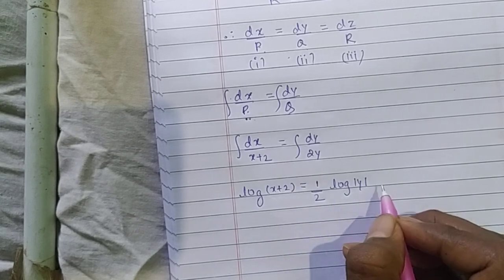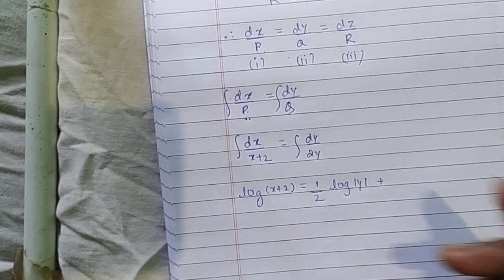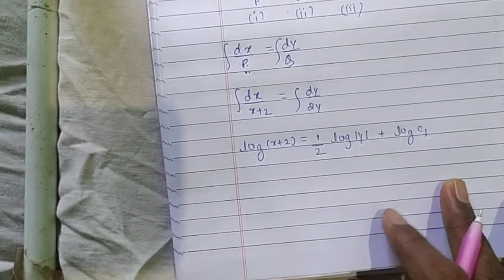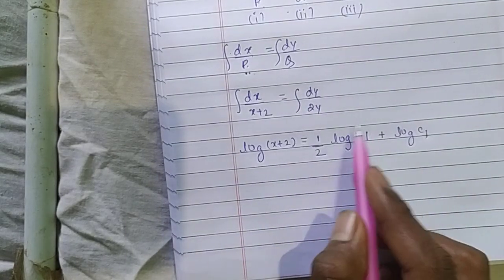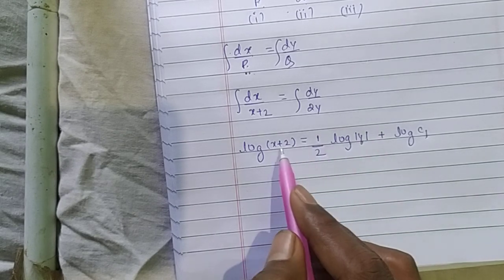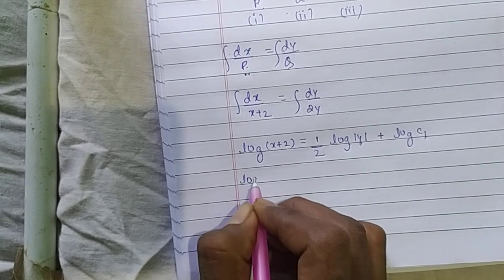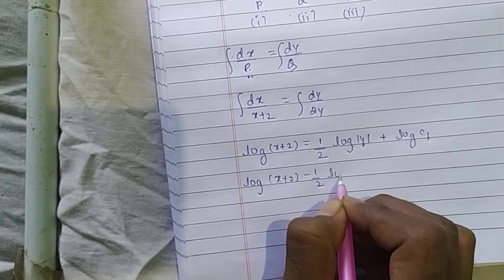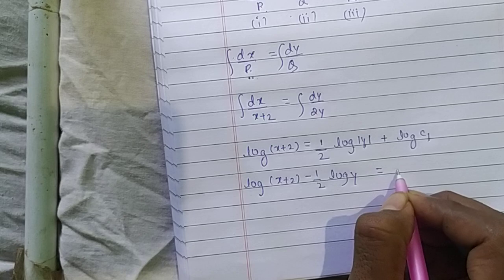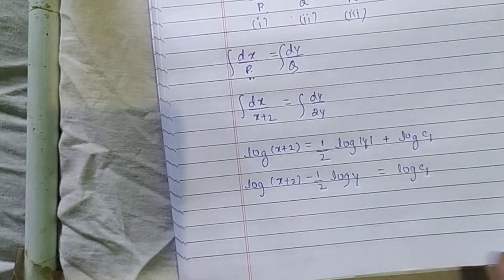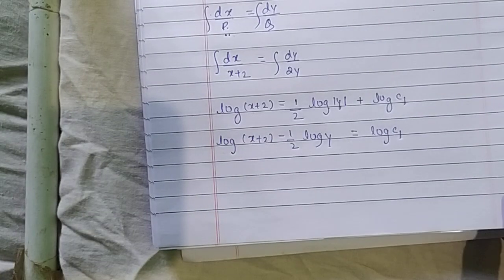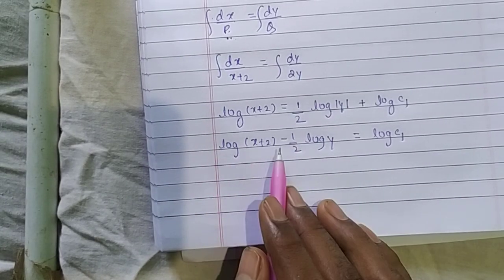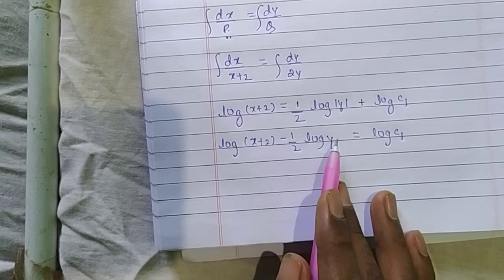Both sides having log, so we assume the constant log c1. Now, moving this log y, we can write it this way: log x plus 2 minus 1 by 2 log y is equal to log c1. I hope you understand. Now here is the property we will use, log a minus log b.